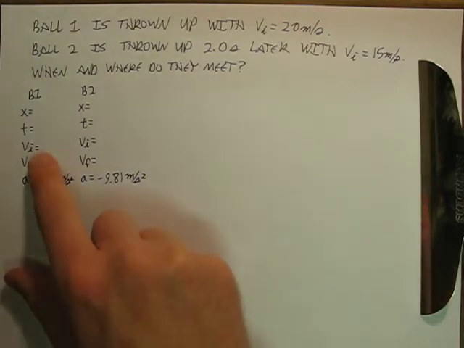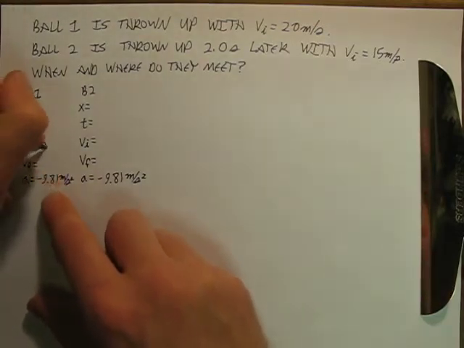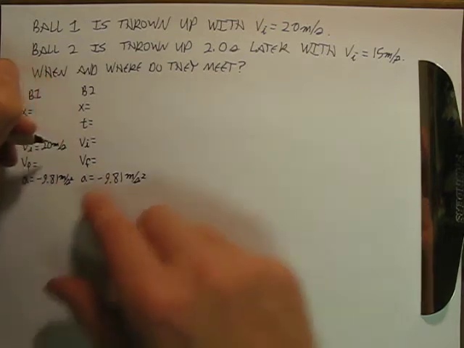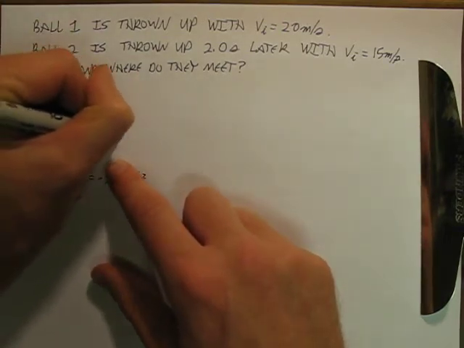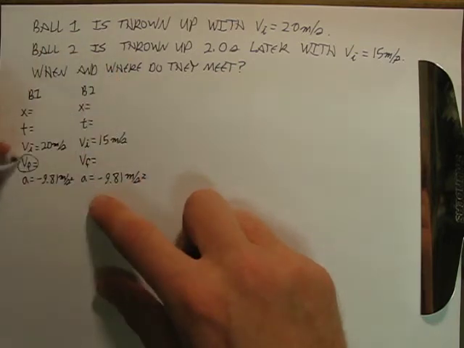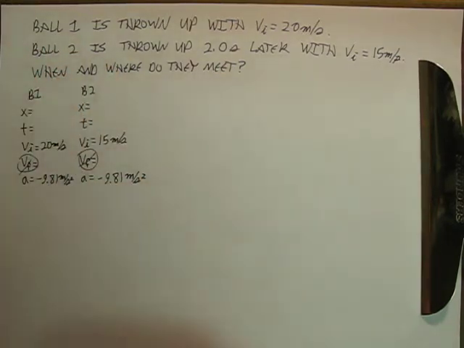And we know the initial velocity of ball 1 is 20 meters per second. Initial velocity of ball 2 is 15 meters per second. And I can tell you right off the bat, I'm not going to care about their final velocities.